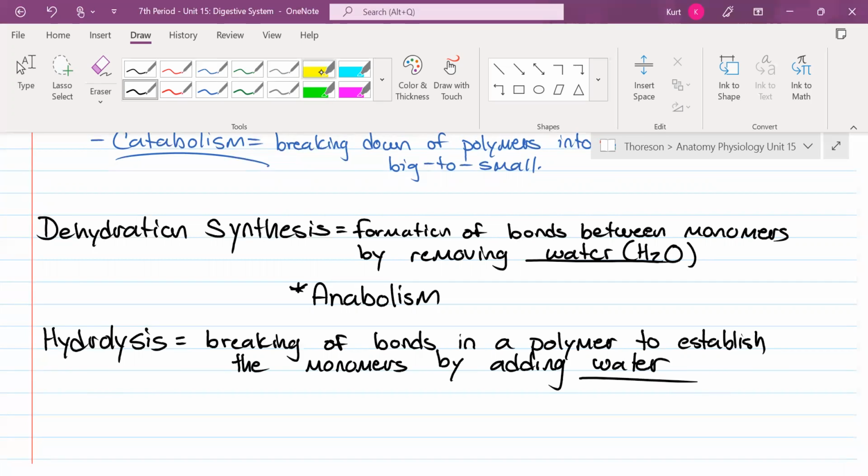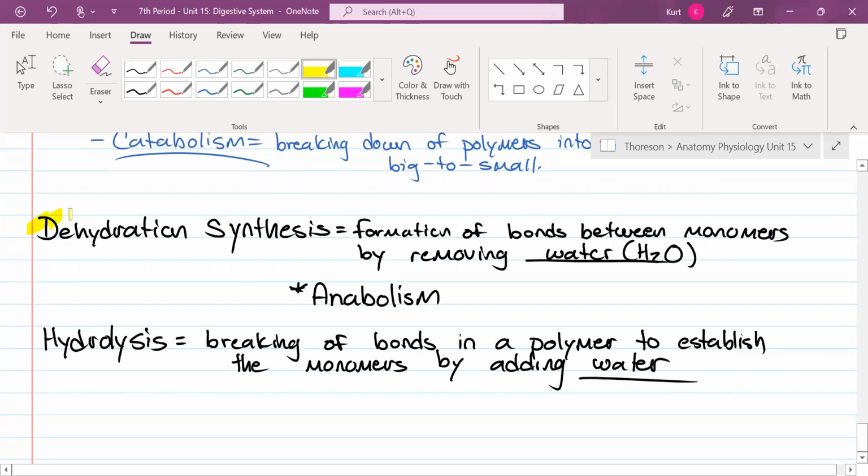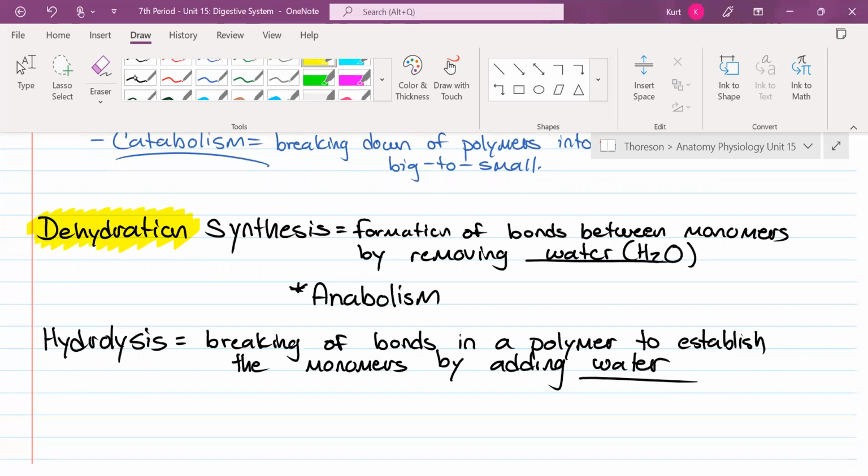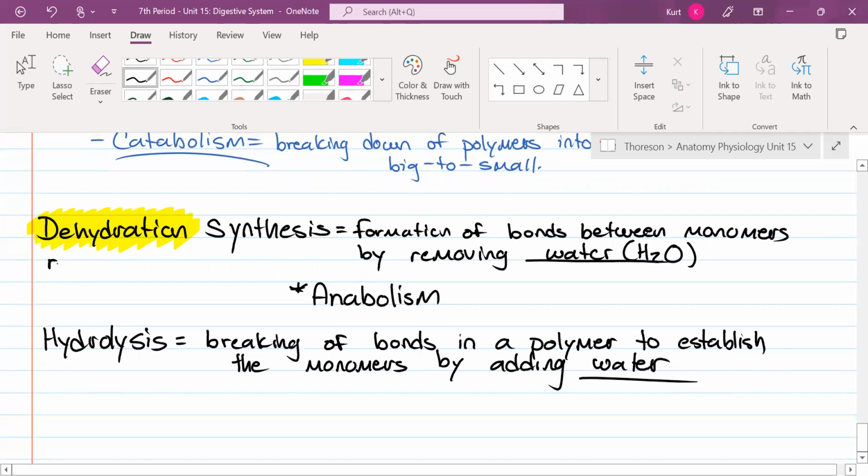In case you didn't know, when you are dehydrating, are you adding water or are you removing water? Pretty easy. This is removal of H2O. I mean, look at the word, dehydrate. When you're dehydrated, you don't have water.